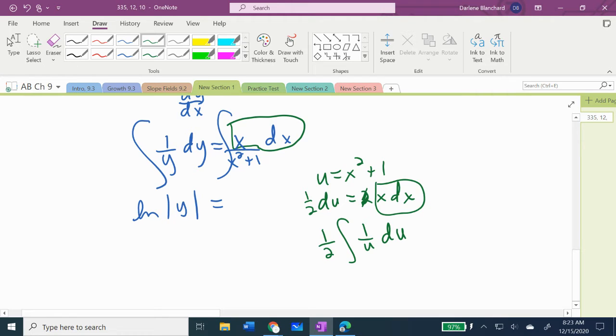And you wind up with the integral of 1/2 times 1 over u du. When that's integrated, we end up getting 1/2 natural log of the absolute value of u, where u is x squared plus 1, and then plus unknown constant.